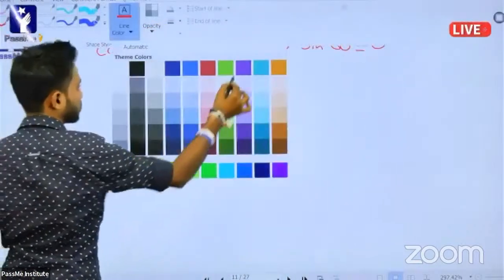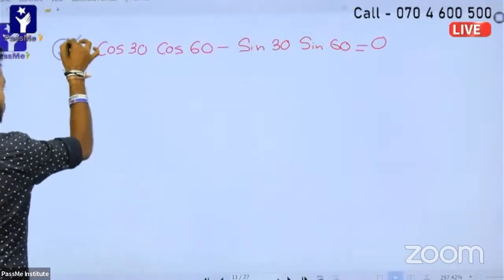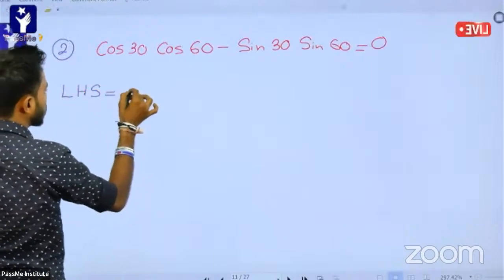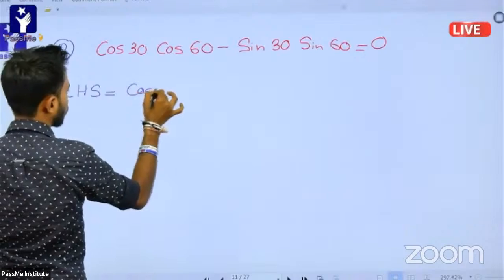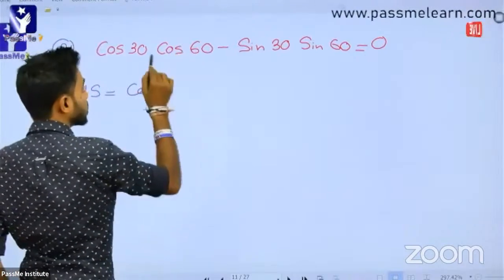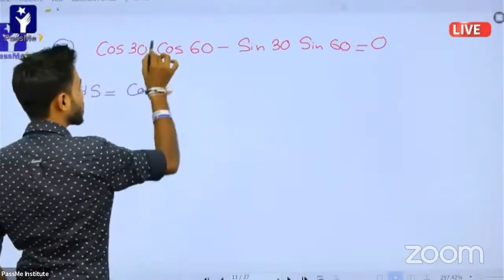Now I will start from the LHS, left hand side. So I will rewrite this, cos 30 here. You can see there is no multiplication sign, no sign here in between.